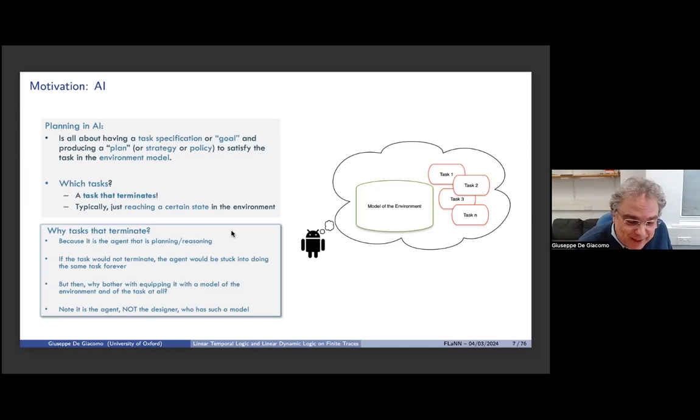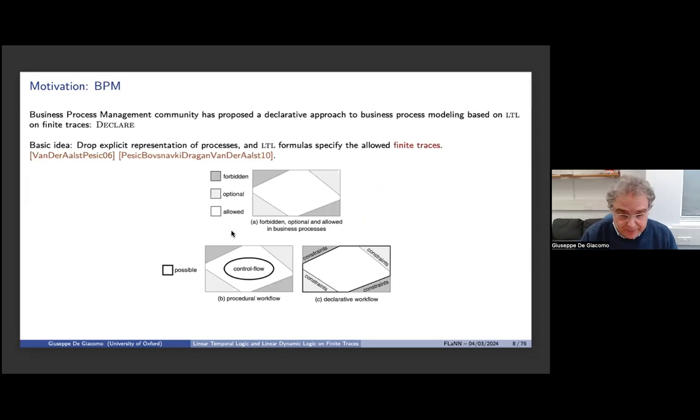Because if you did, you would need to be intelligent only once, and the intelligence would remain in the designer's mind, not externalized to the agent's mind. It's the agent that thinks, it's the agent that does the synthesis, and it does this many times in its life, so it becomes very natural that after a while the task ends and stops. This is why finite traces are so important in AI.